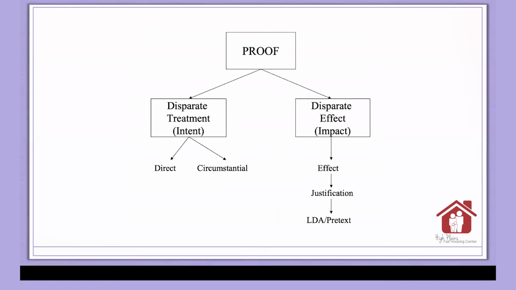And the alternate route is a disparate effect, where you're not even attempting to show what the intent behind the practice or the decision was, but just that the effect disproportionately harms or impacts people based on their membership in a protected category or group. And there's a chance for the defendant to justify the practice despite the disproportionate effect, and a chance for the plaintiff to show that this same goal can be advanced through a less discriminatory practice.